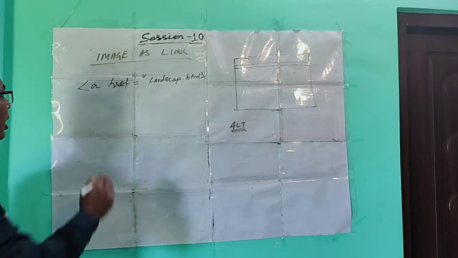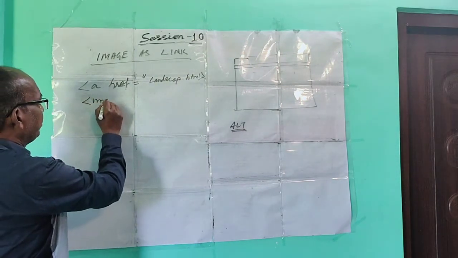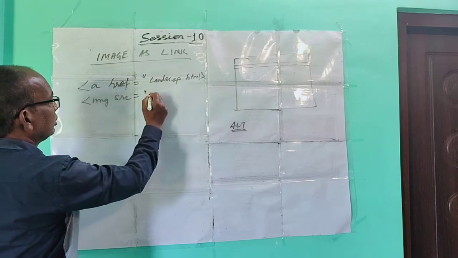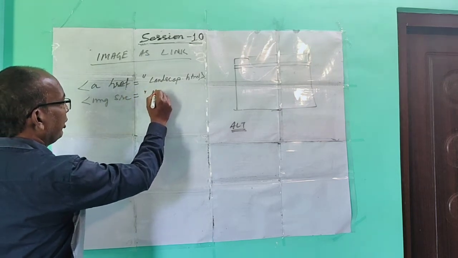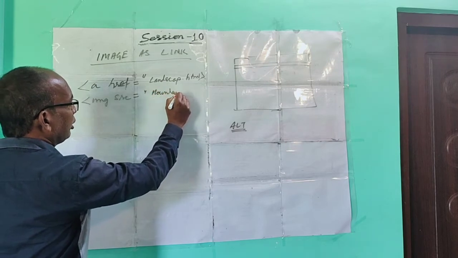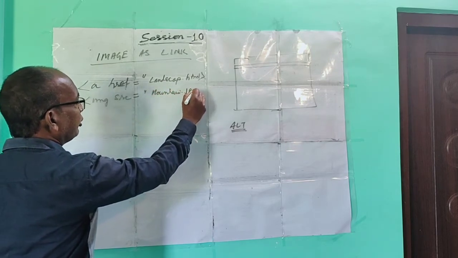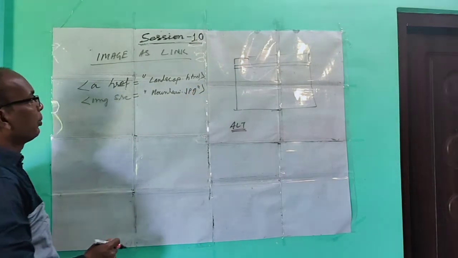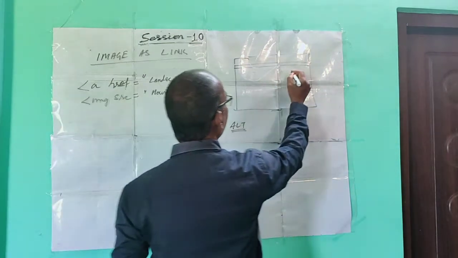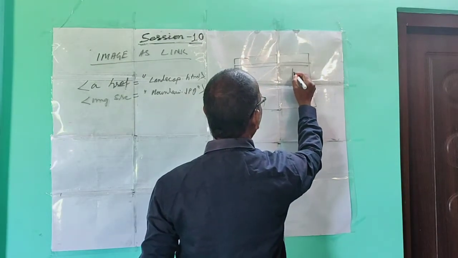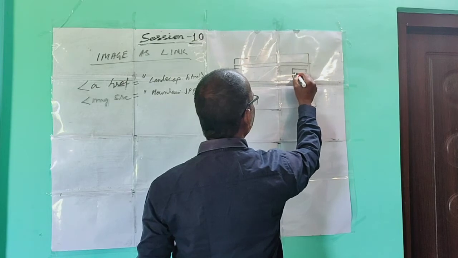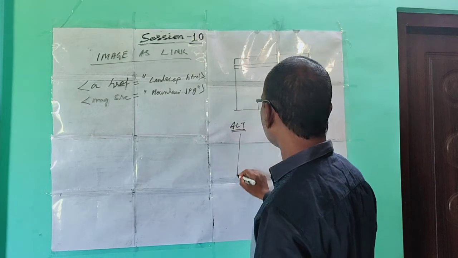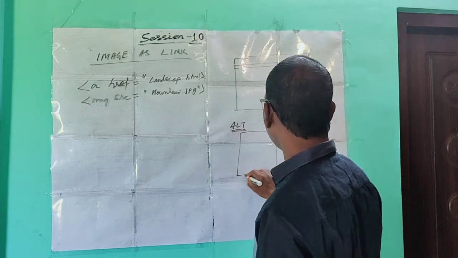After that, we have to write img src equals to, say, mountain.jpg. Okay. So then you see in your page a mountain will appear. The image of mountain will appear. When you click this image, then another linked web page will open.